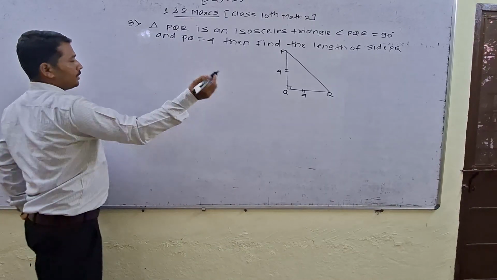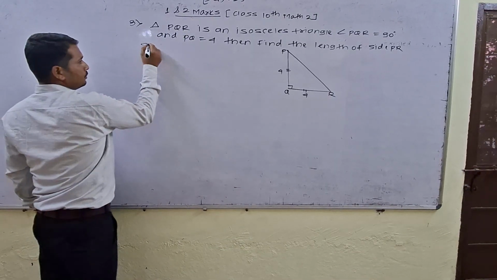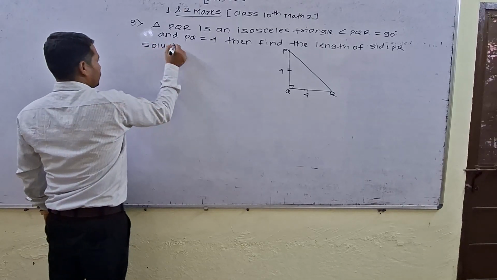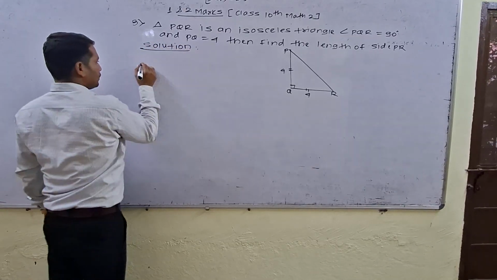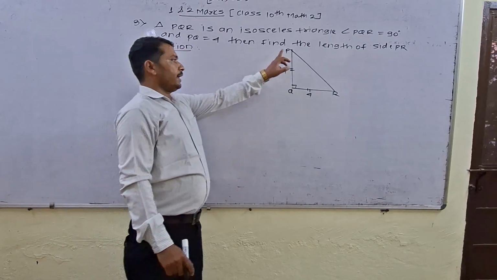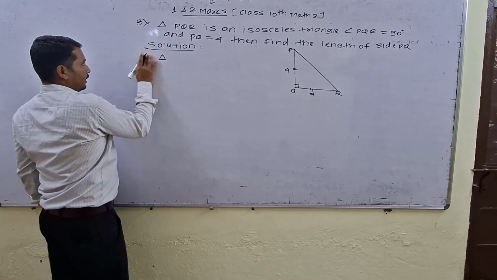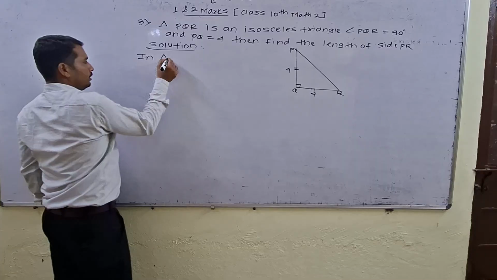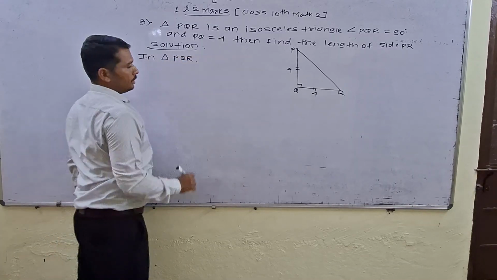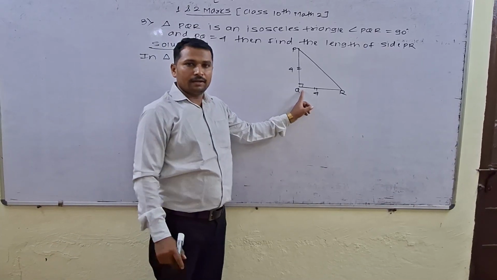Write down the solution first. In triangle PQR, angle Q is 90 degrees.